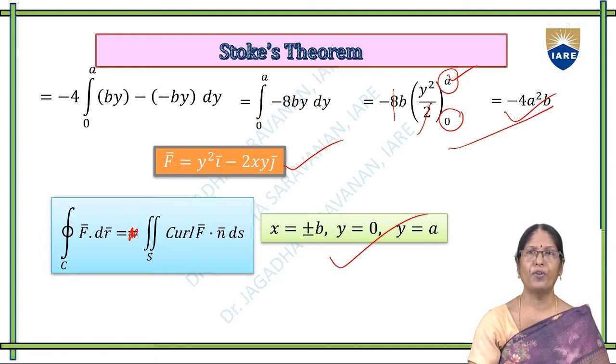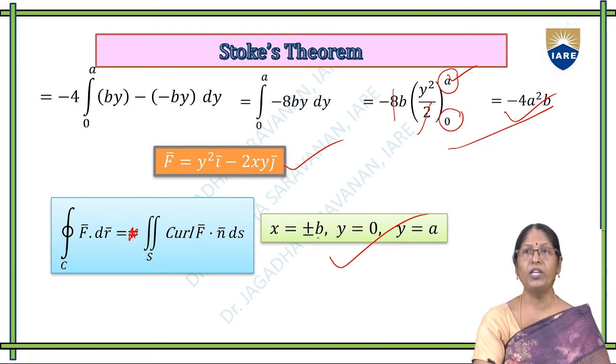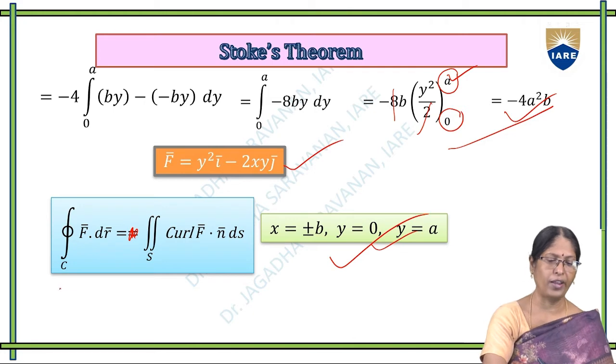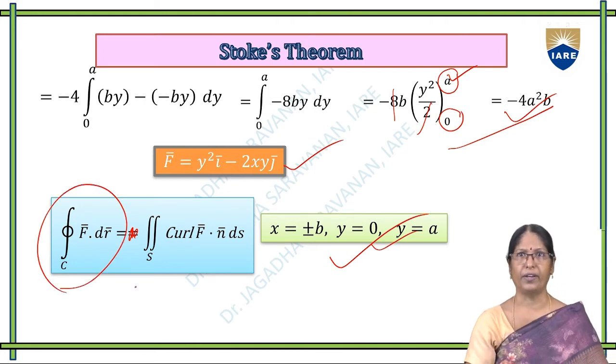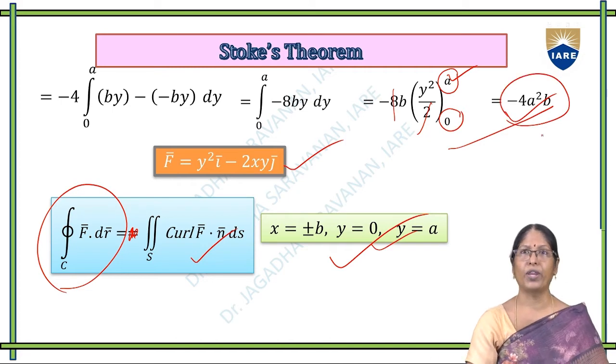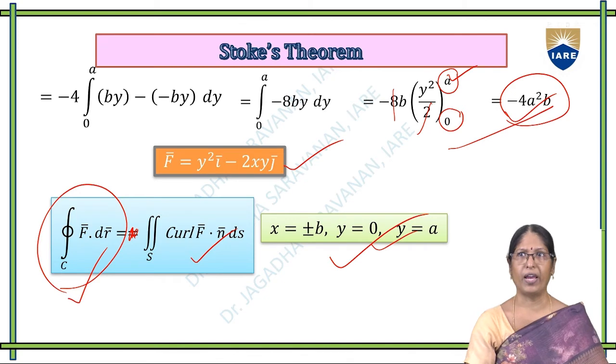This is the bounded region which is given, that is x equal to plus or minus b, x taking the value minus b to b and y taking the value 0 to a, for which we have to find the line integral. So on this side we got the value minus 4a square b. Now this line integral also we will evaluate.